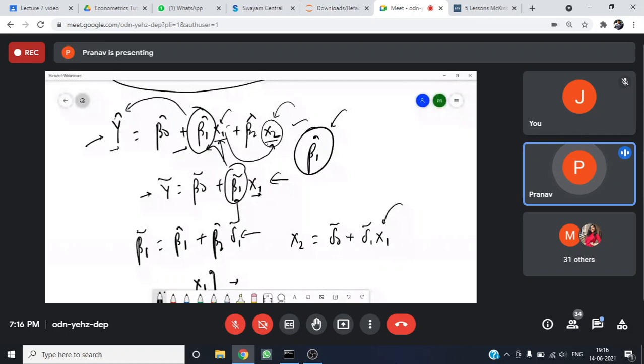But whenever x1 increases by 1 unit, x2 also increases by delta 1 tilde units. And for each such increase in x2, y hat changes by beta 2 hat times.